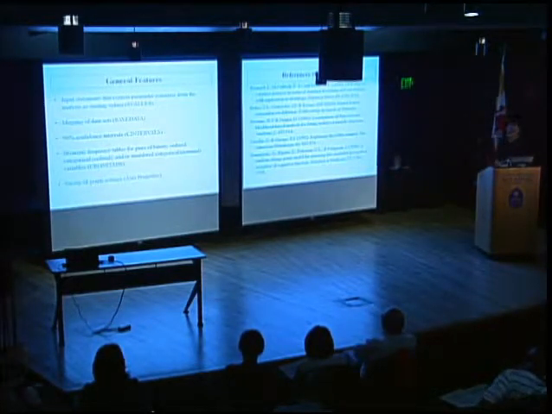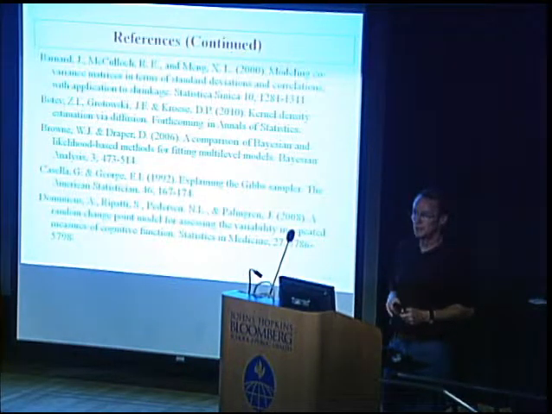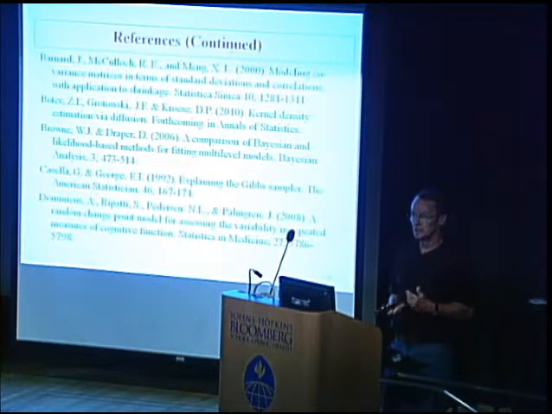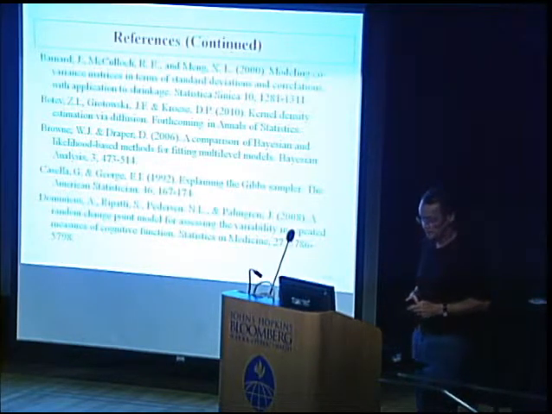Just to add a few things, the examples that Linda went through on multiple imputation are covered in User's Guide Chapter 11. So you have a little bit more text explaining the setup for those examples.